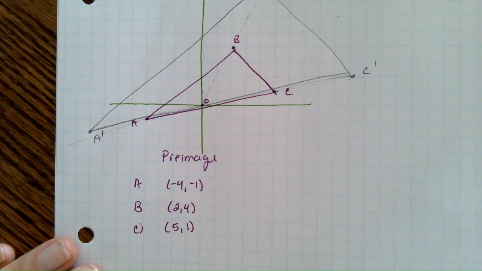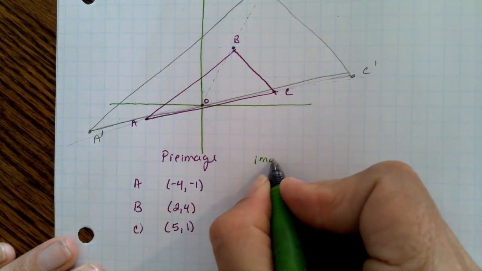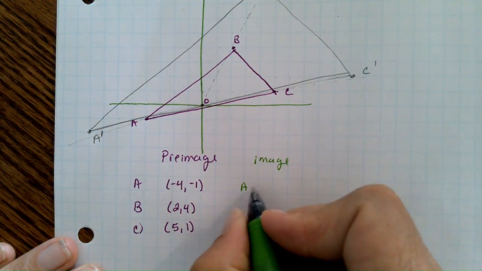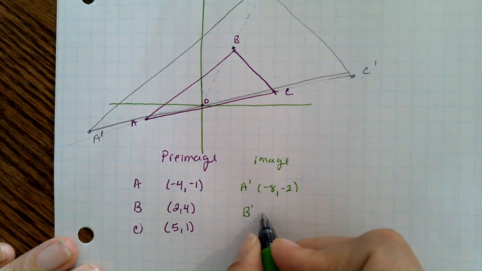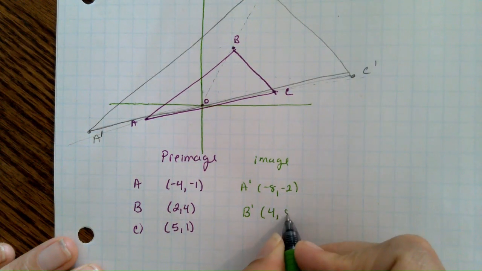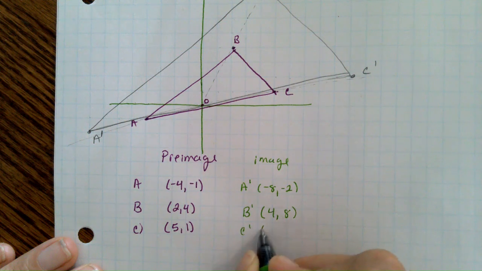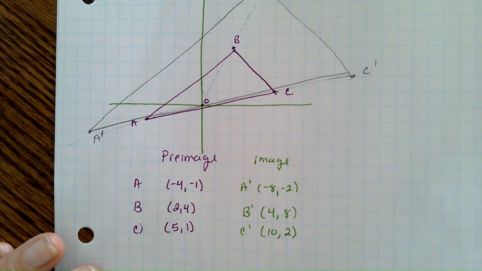Okay. If you look at the image, A became -8, -2. B became 4, 8. And C became 10, 2.